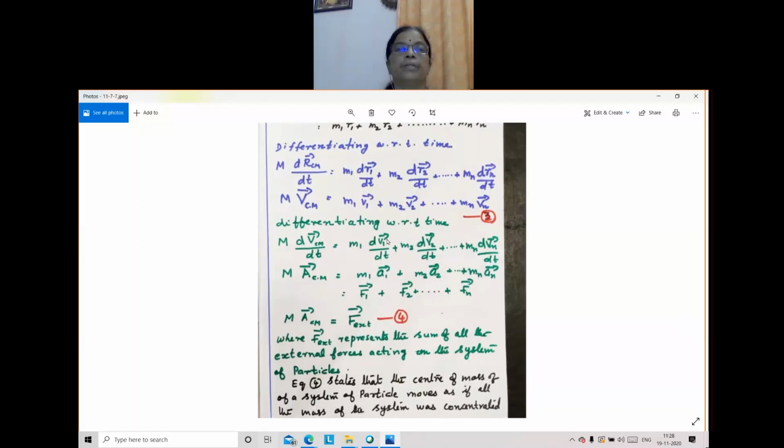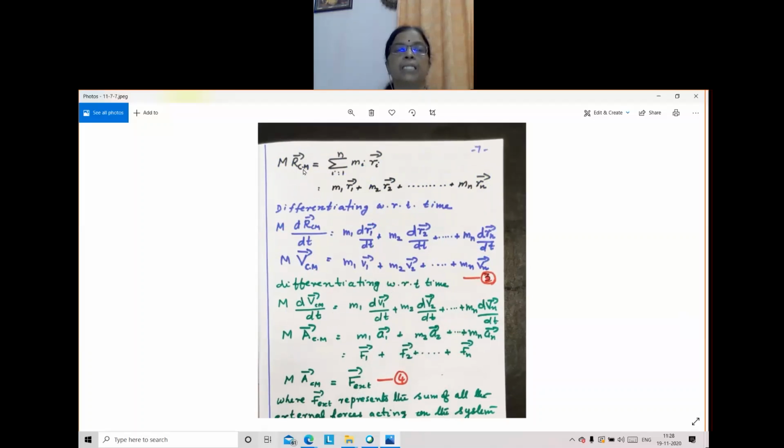Okay, so M into R cm, where R cm means the position vector of the center of mass, equal to sigma i equal to 1 to n m_i r_i vector. Expanding, why do we expand? Because we have to differentiate that: m1 r1 vector plus m2 r2 vector plus etc. mn rn vector. Differentiating with respect to time.